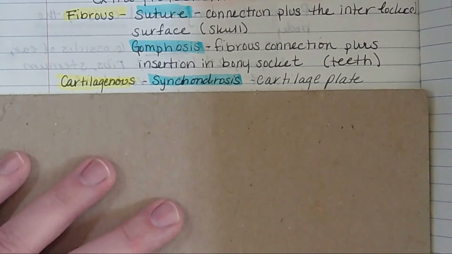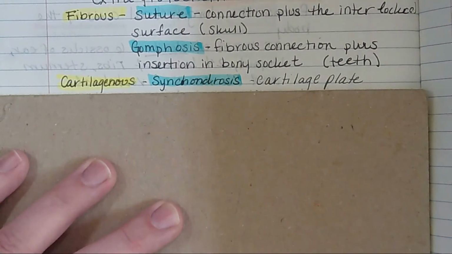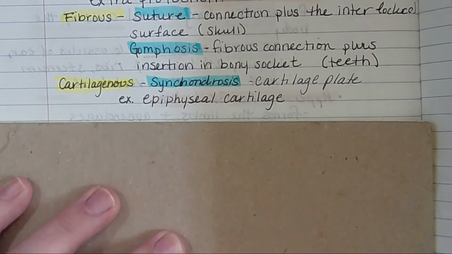So cartilaginous joints, again, provide some kind of motion that generally is compounded, right? A little movement in one, if you do that over multiple places, like say in your spine, you're going to get quite a bit of motion that's going to happen. So a synchondrosis is just where you have a cartilaginous plate that allows you to kind of flex and move.